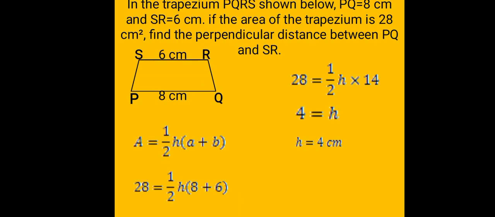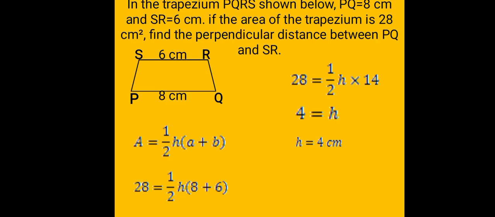In the trapezium PQRS below, PQ is 8 centimeters and SR is 6 centimeters. If the area of the trapezium is 28 centimeters squared, find the perpendicular distance between PQ and SR. Now the area of a trapezium is taken to be half the height into a plus b.